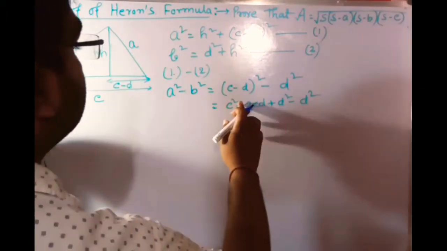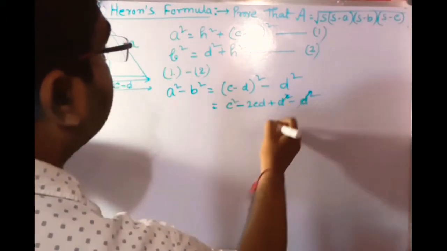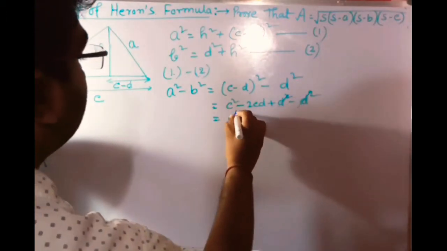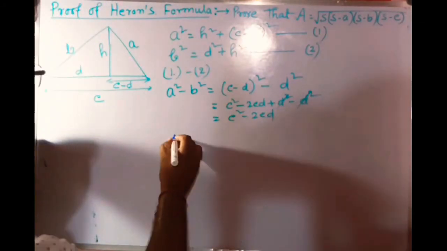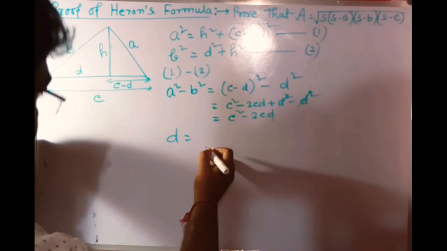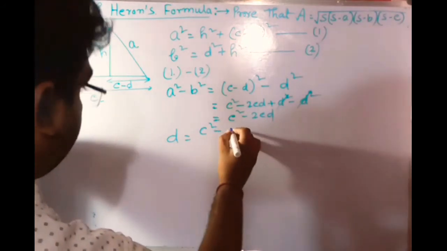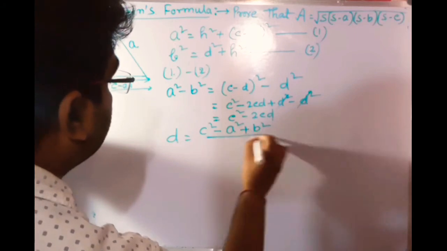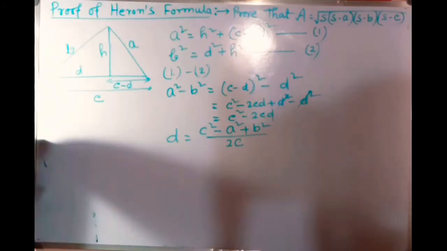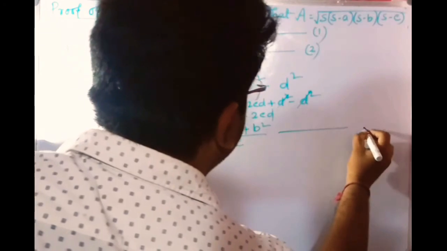The d square cancels, so we are getting a square minus b square equals c square minus 2cd. From here we are getting d is equal to c square minus a square plus b square by 2c. This is equation number 3.